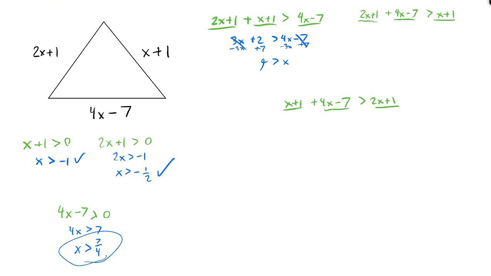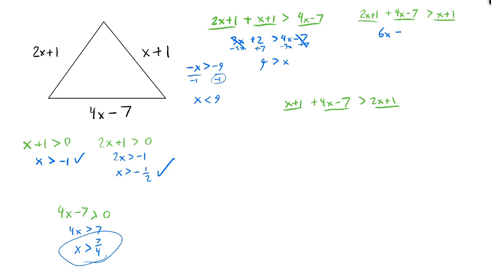I could have moved it the other way, so I would have had negative x is greater than negative 9. And then I would have had to divide by negative 1, and I would have had to switch the sign. Anytime you multiply or divide by negative 1, you switch the sign. So either way, I get x is smaller than 9. I just like doing addition and subtraction and not dealing with the switch sign. So I'm always going to add or subtract so the x's end up on the side where their coefficient's positive.